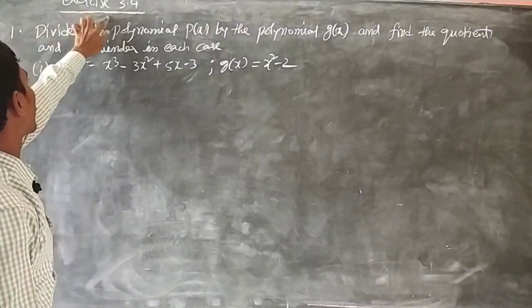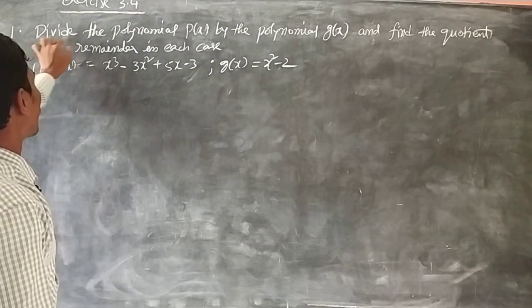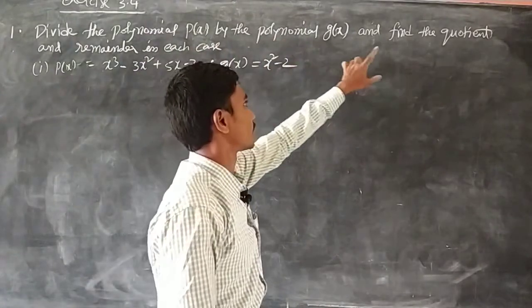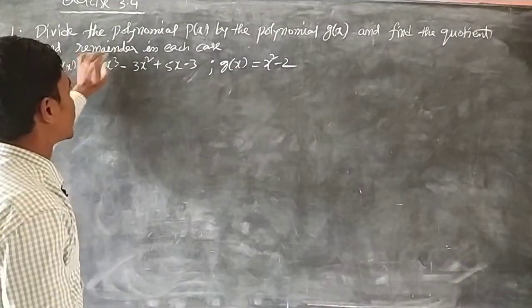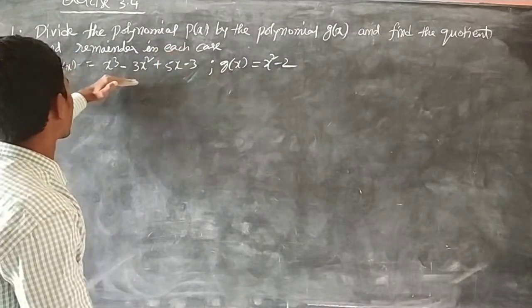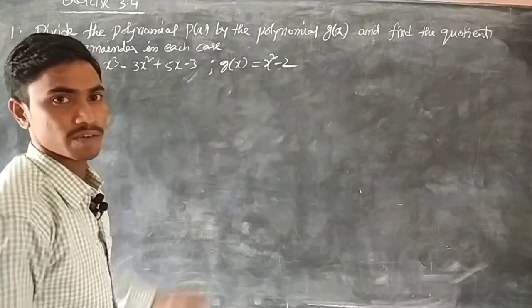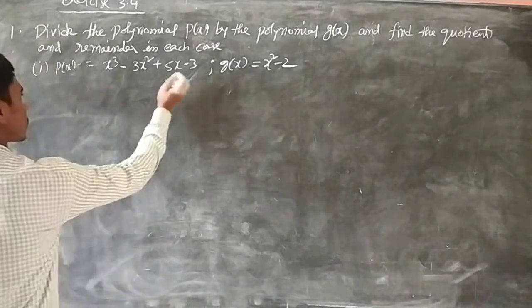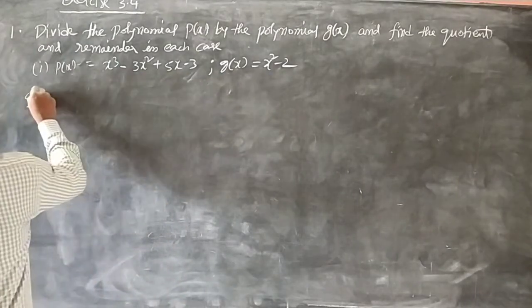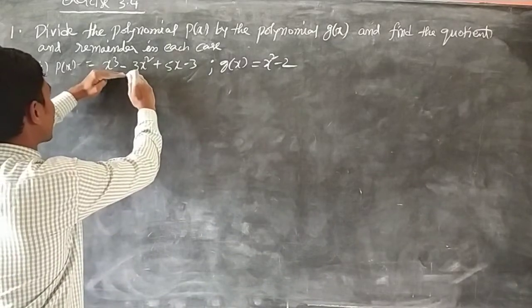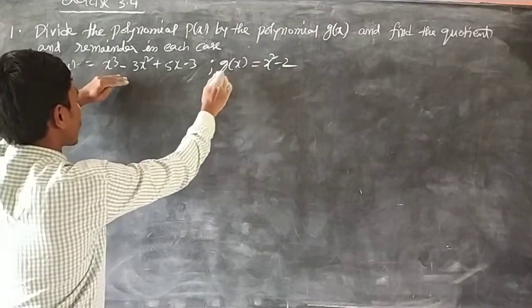From exercise 3.4, first question is divide the polynomial p of x by the polynomial g of x and find the quotient and remainder in each case. Here p of x is taken as a dividend, g of x is taken as a divisor. We will do this in the following way. Solution. First of all, observe whether the given polynomial is in standard form or not.